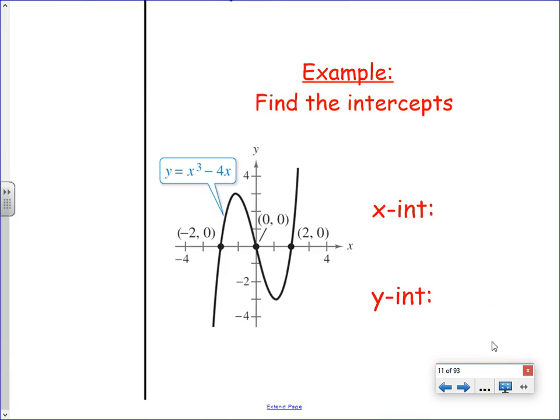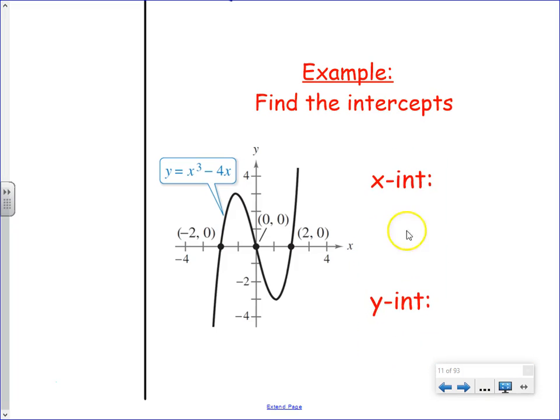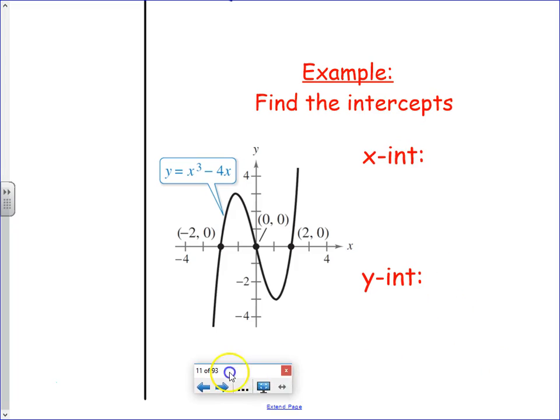Let me give you at least a head start. I know you can pull the answers from the graph. That's great. Show me the math that backs it up. Do what we put in our notes a second.